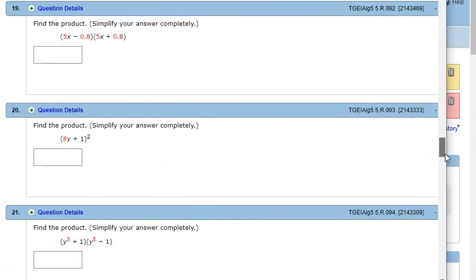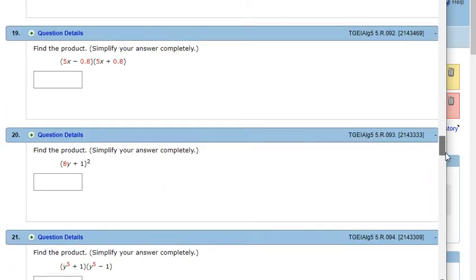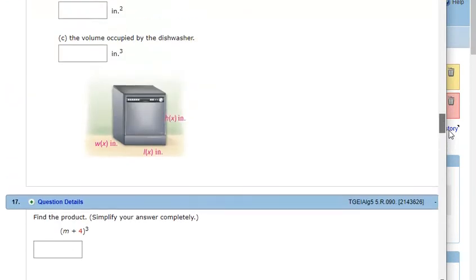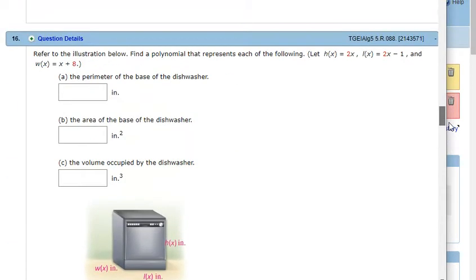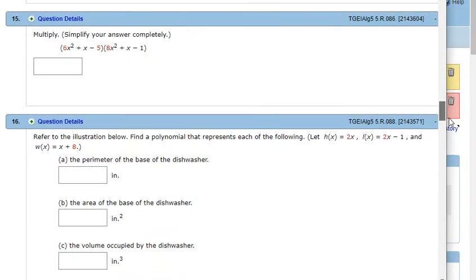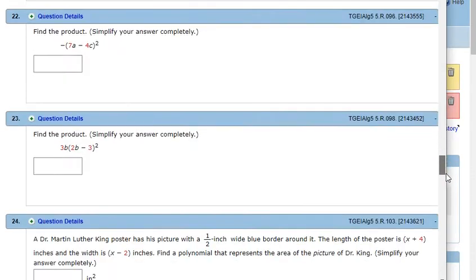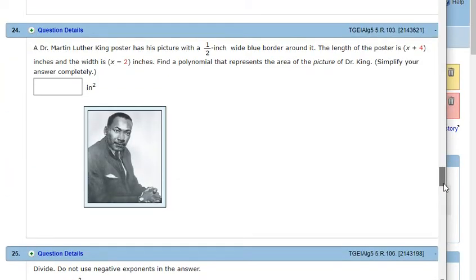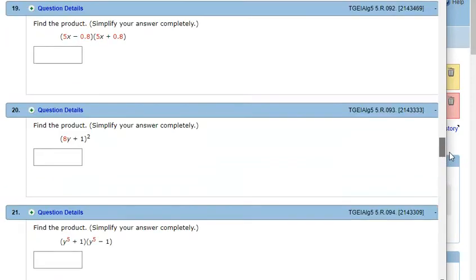So starting at about 20. Nope, going back up. So about 16. From 16 going forward, you should be able to do these problems that we're doing now. So 16 through 24 you should be able to do after we finish this section.